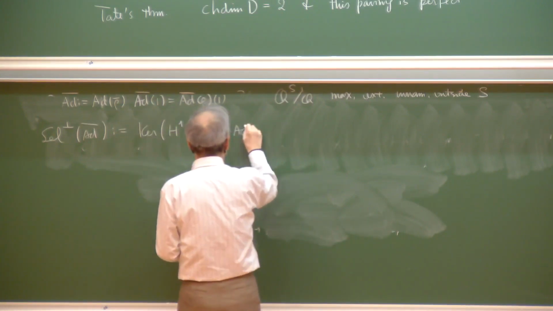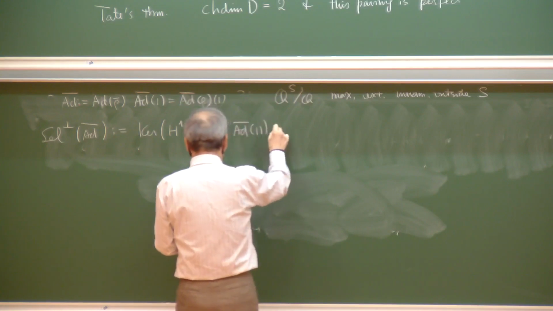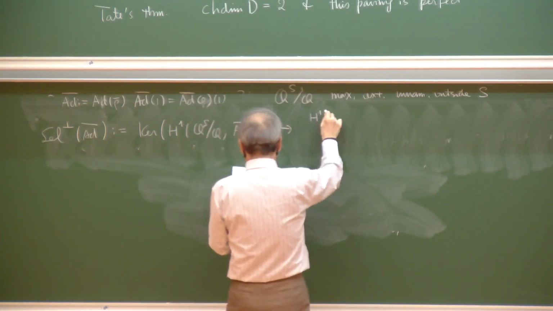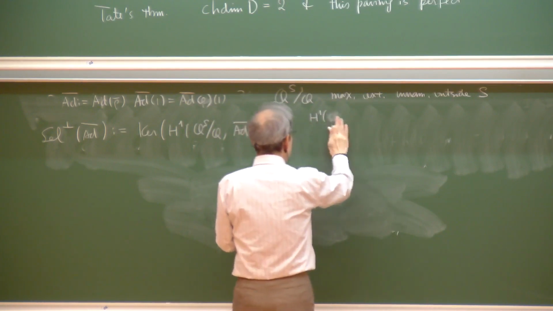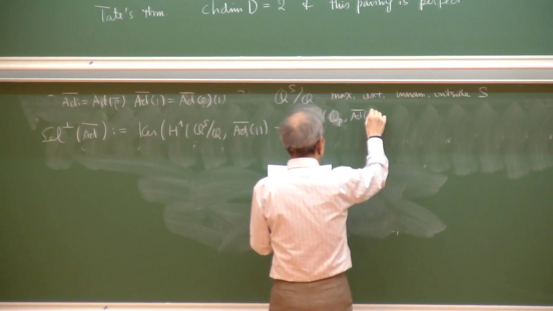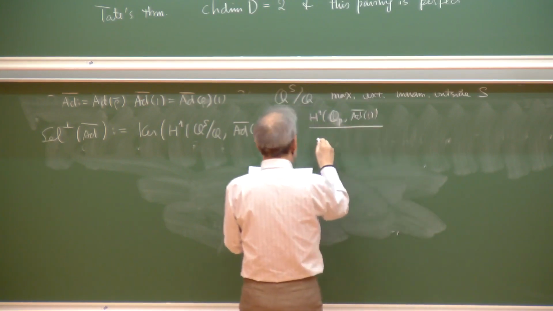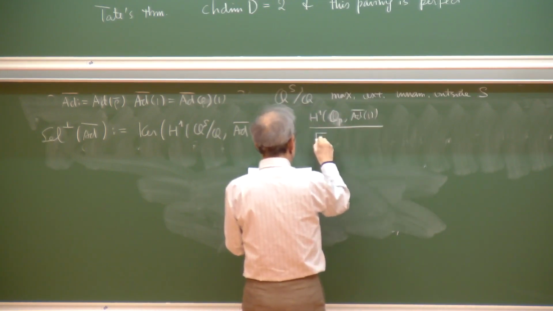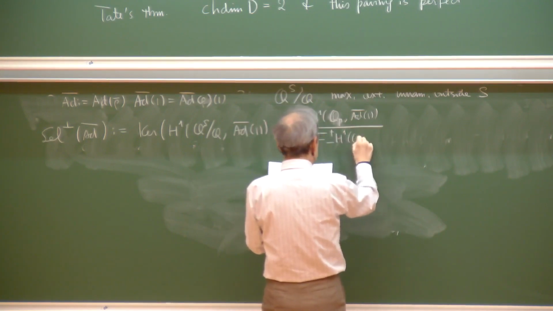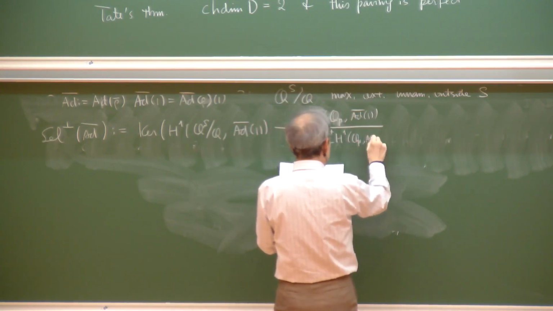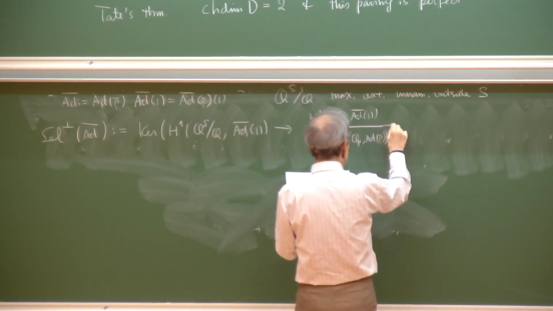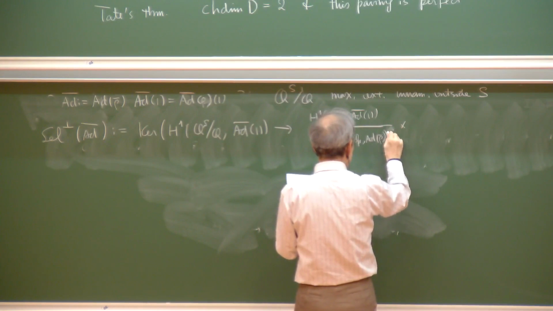Then Ad bar one to H1 of Q_p, Ad bar one and F, plus minus H1 of Q_p, Ad rho bar p. Okay?